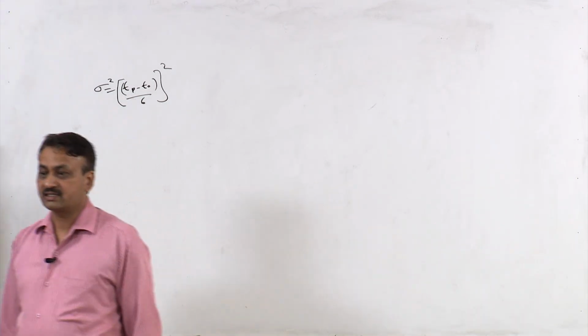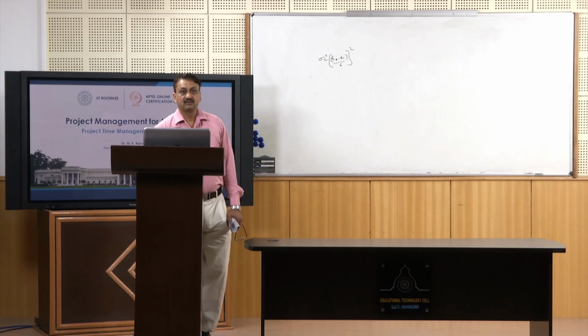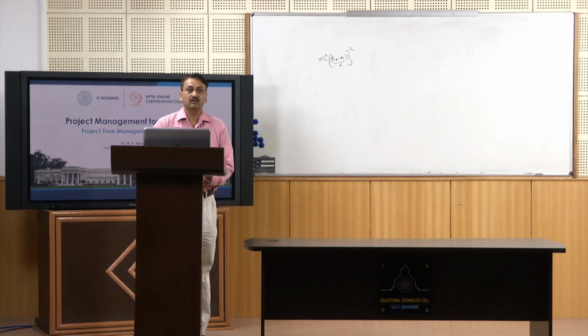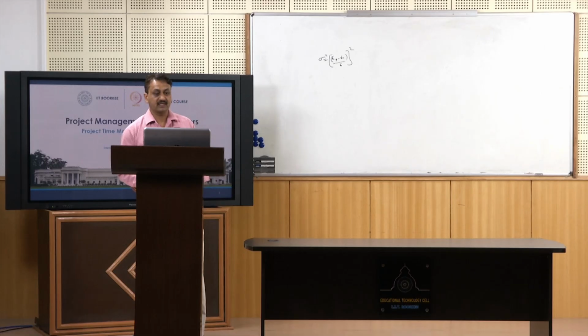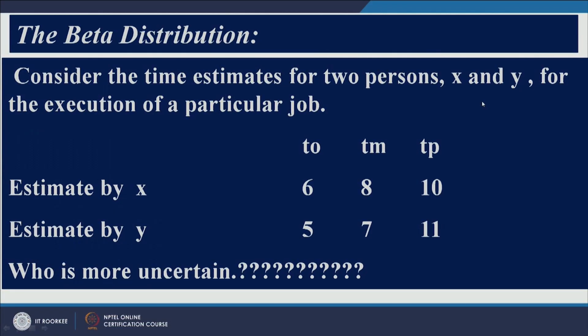So let's take 2 activities and try to find out which activity has more uncertainty. Consider the time estimates of 2 persons X and Y for execution of a particular job. X has given 3 time estimates and Y has also given 3 time estimates.